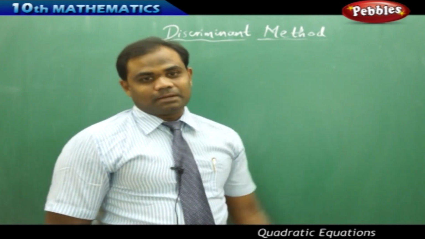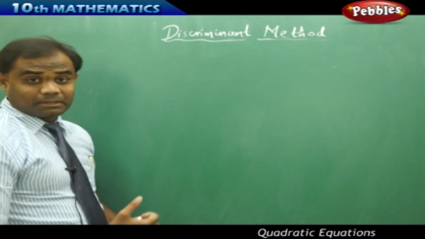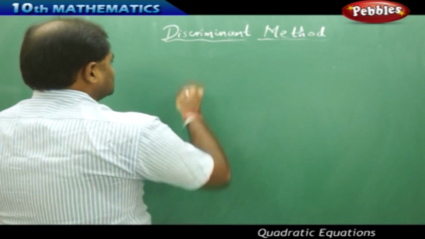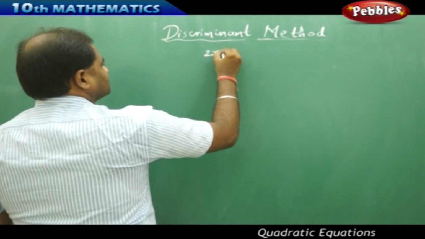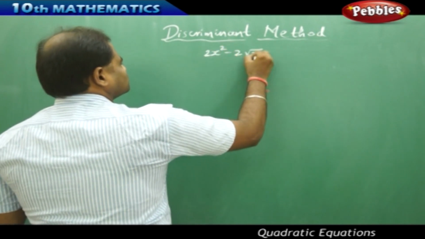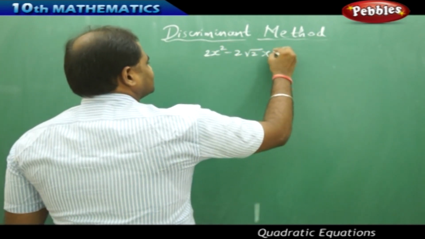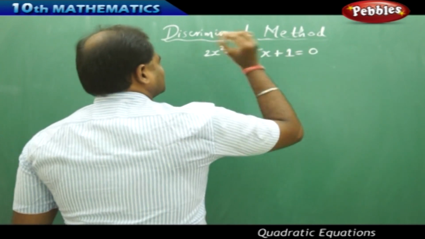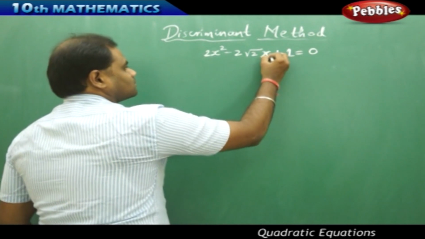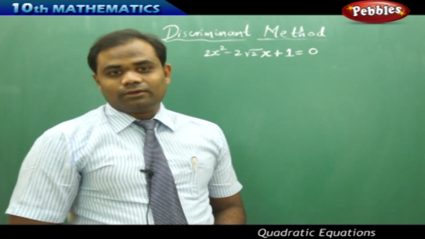Now let's take an example problem to study the discriminant method of finding the roots. So for example, I take a quadratic equation 2x squared minus 2 root 2 of x plus 1 equal to 0. Then I need to find the roots of this quadratic equation.